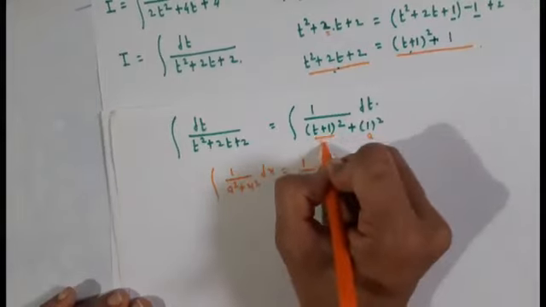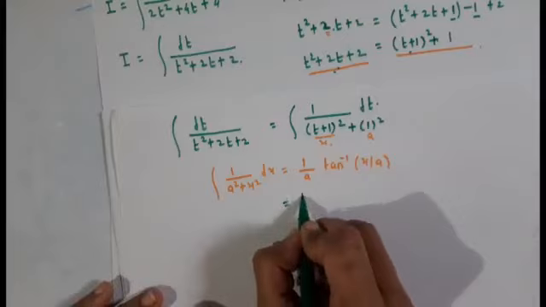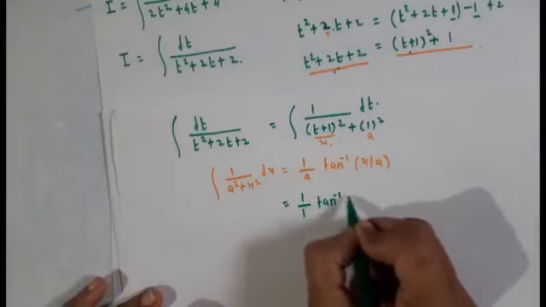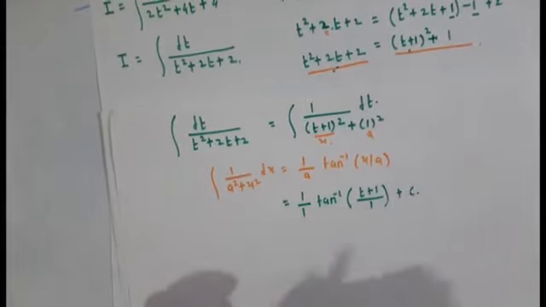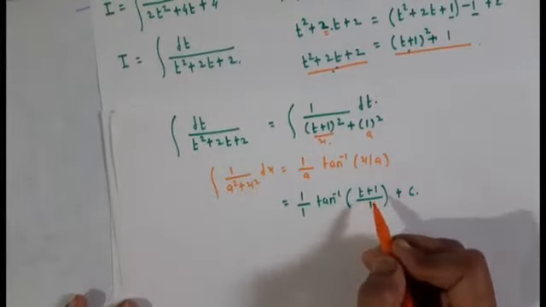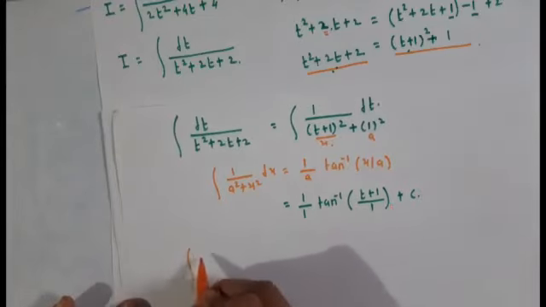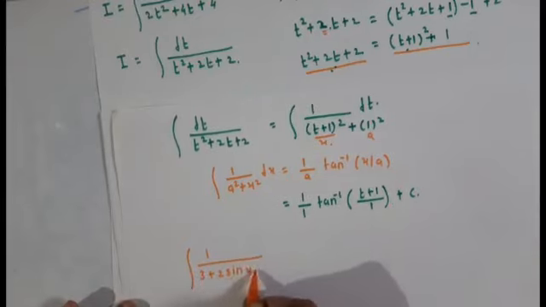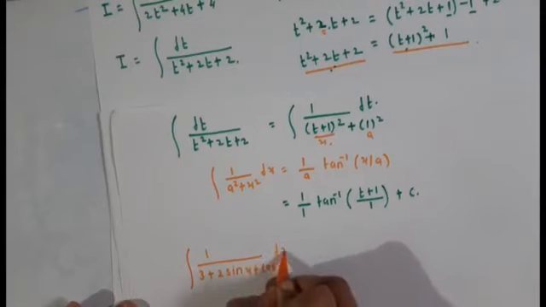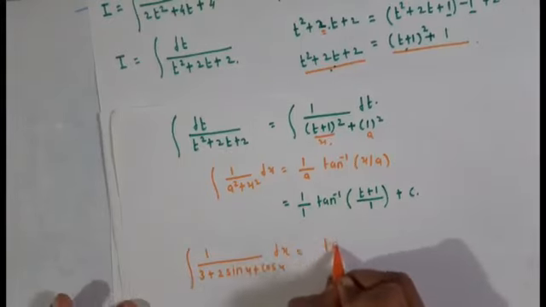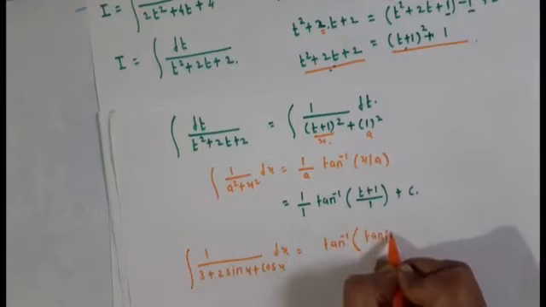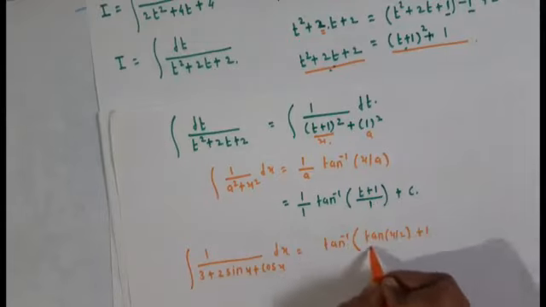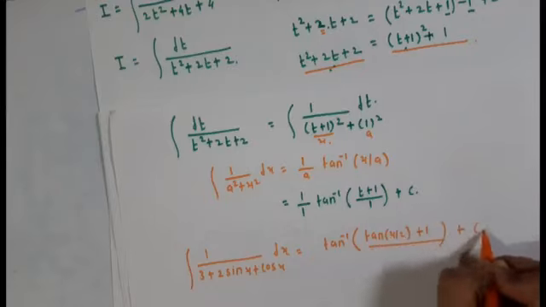This is a and the term is x, and hence 1 by a means 1 by 1, tan inverse of t plus 1 upon 1, plus constant of integration c, and now resubstitute the value of t, and hence the integration of 1 upon 3 plus 2 sin x plus cos x with respect to x is 1 by 1, is 1, tan inverse of, put the value of t, that is tan of x by 2 plus 1, plus constant of integration c.